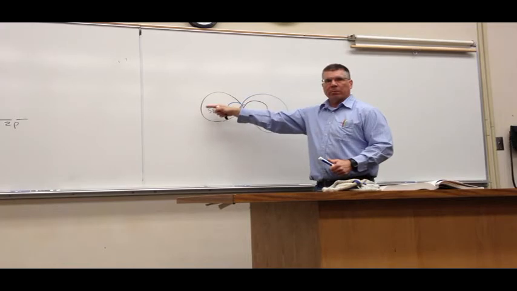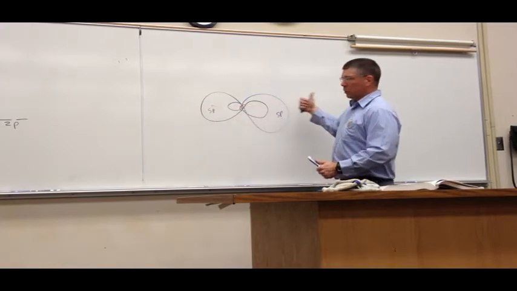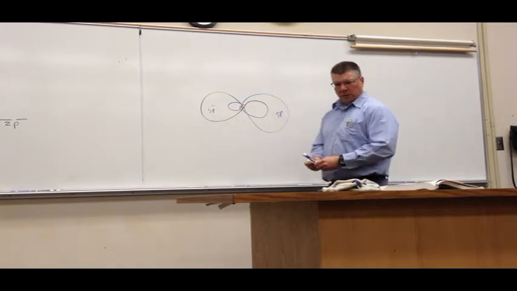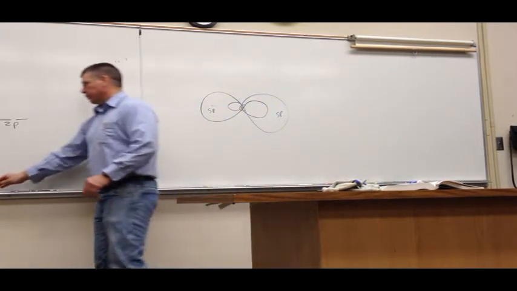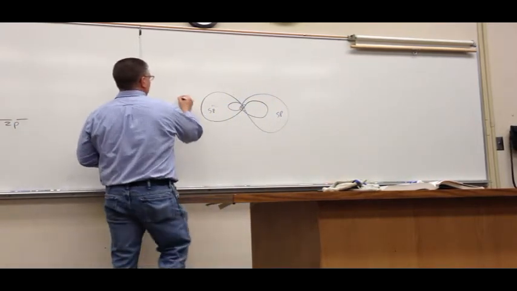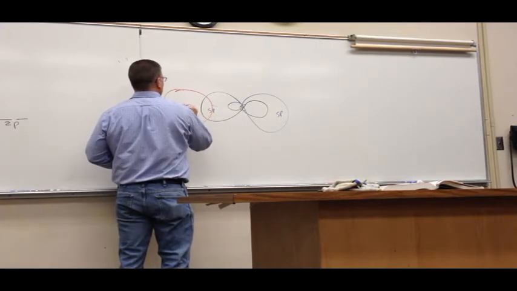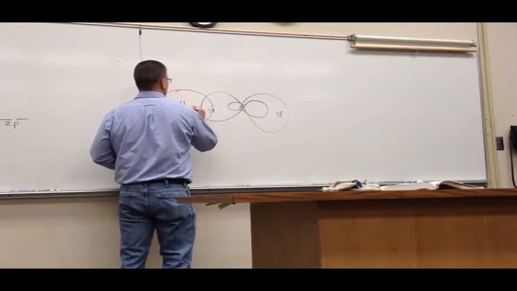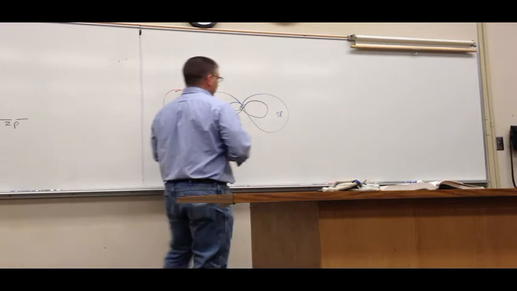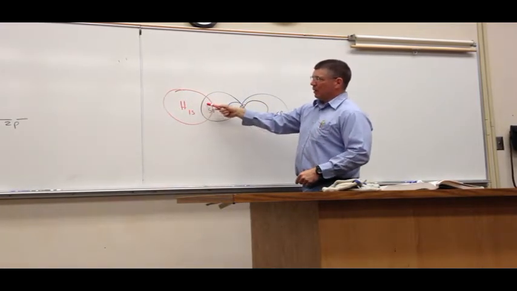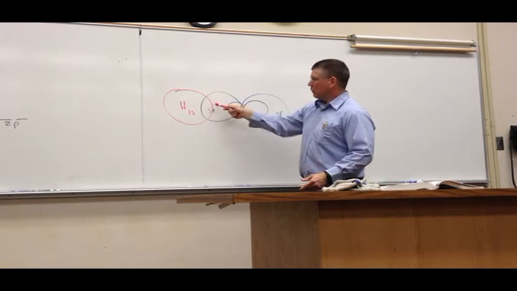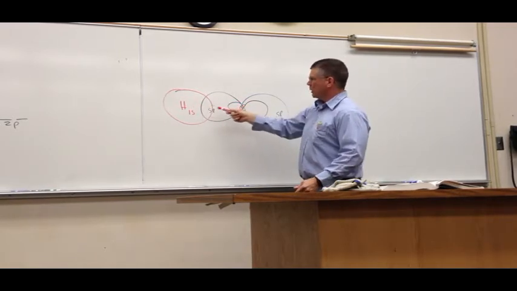There's one sp orbital pointing this way, one sp orbital pointing this way. This one's overlapping with the hydrogen 1s. And so this sigma bond is head-on overlap of a hydrogen 1s with a carbon sp.